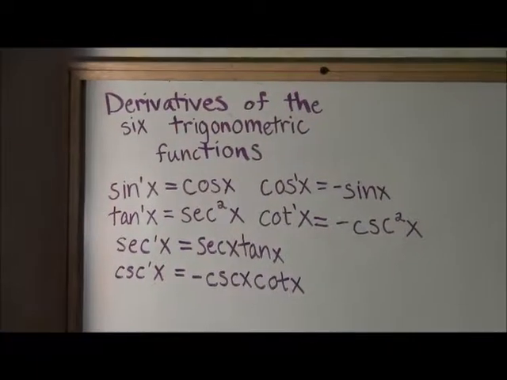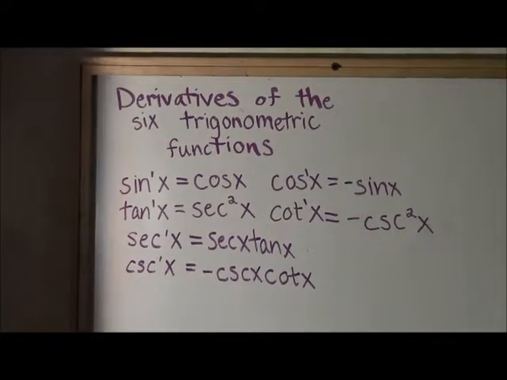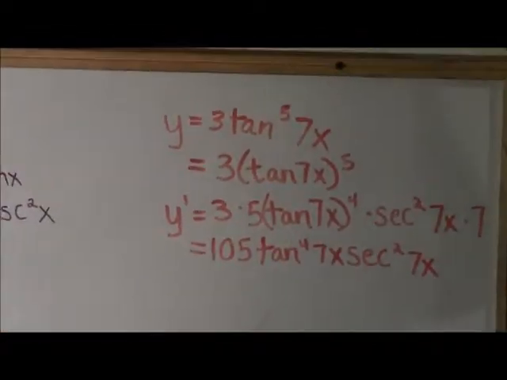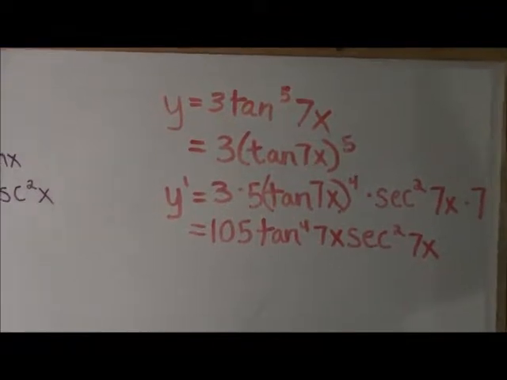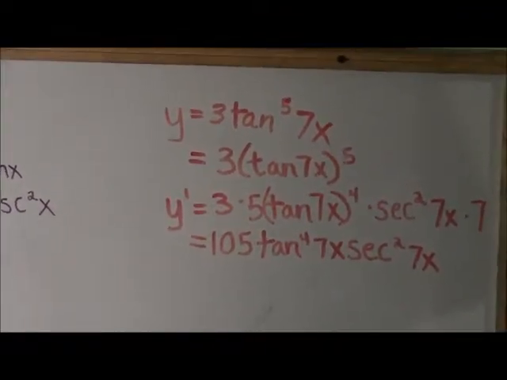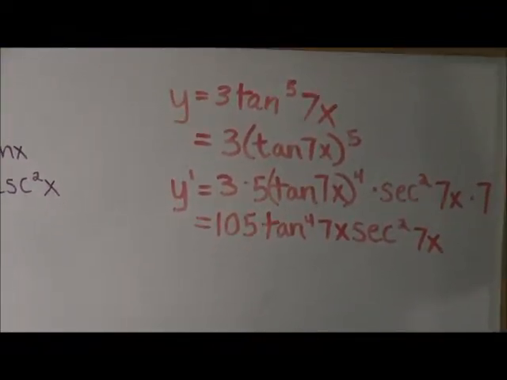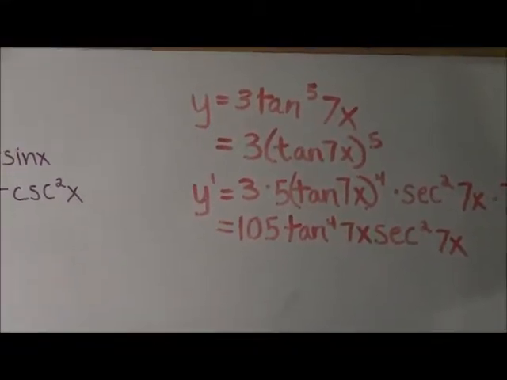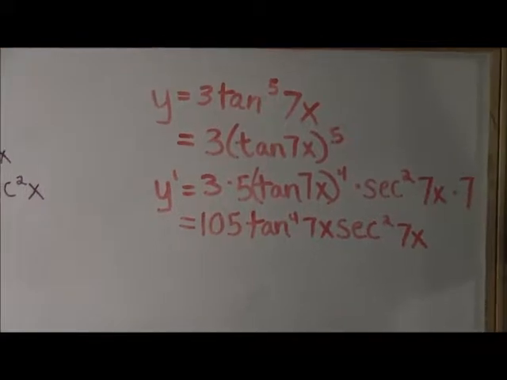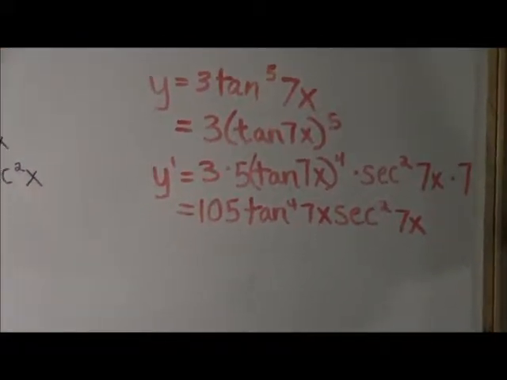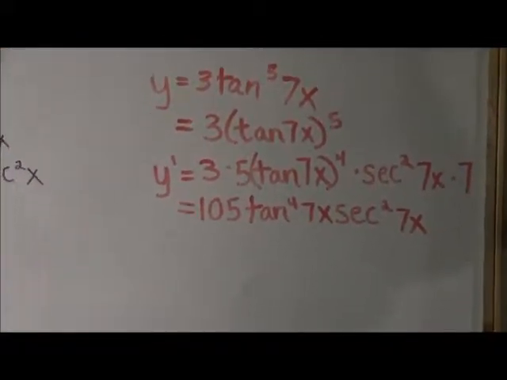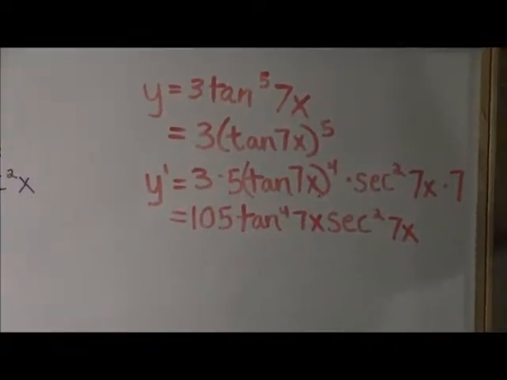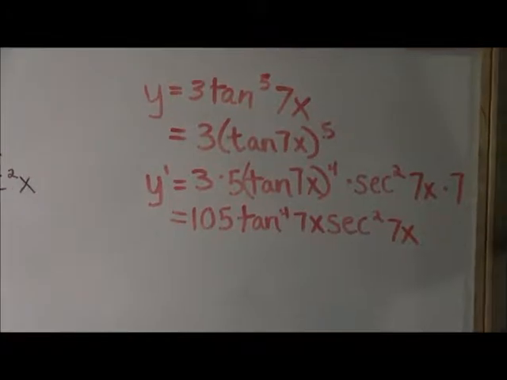Here we have the derivatives of the 6 trig functions. For y equals 3 tangent to the 5th power of 7x, we need to rewrite it as 3 times the quantity tangent of 7x, quantity 5th power. The derivative of that equals 3 times 5 times the quantity tangent of 7x to the 4th, times the derivative of tangent, which is secant squared x.